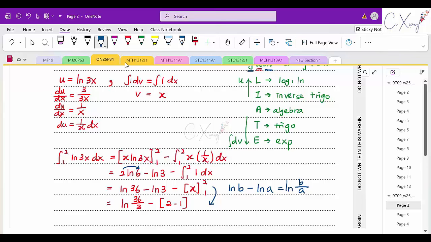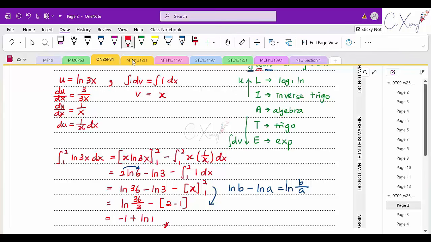This is something that we learned previously about the property of the log function. Then this is quite simple, you just simplify it. After that, if you rephrase everything nicely, you'll be having negative 1 plus ln 12. Just double check your final answer and see whether it fulfills the requirement of the question or not.